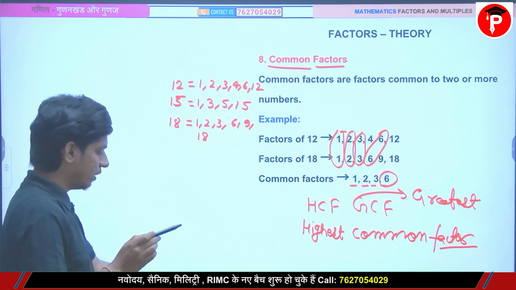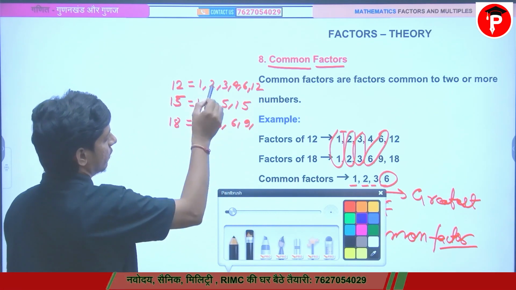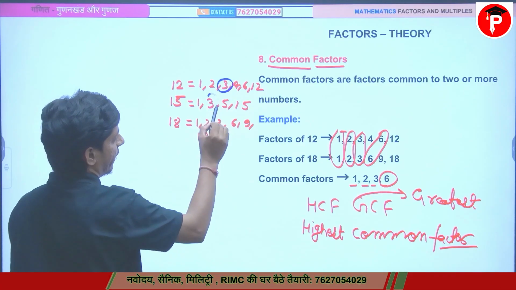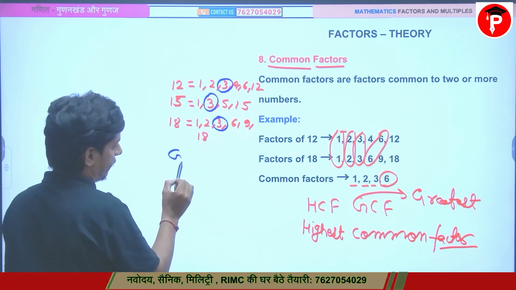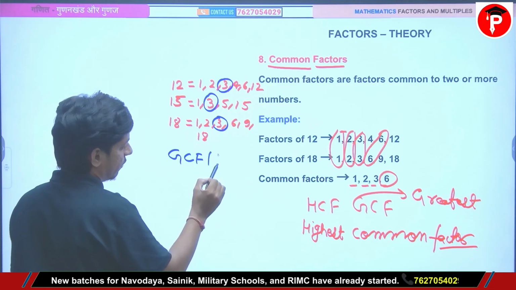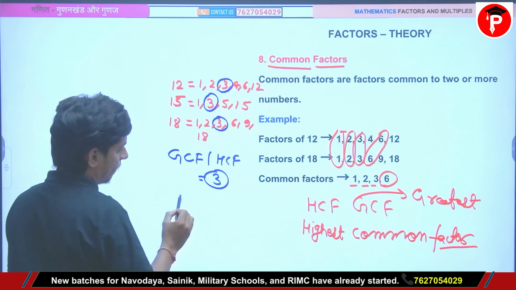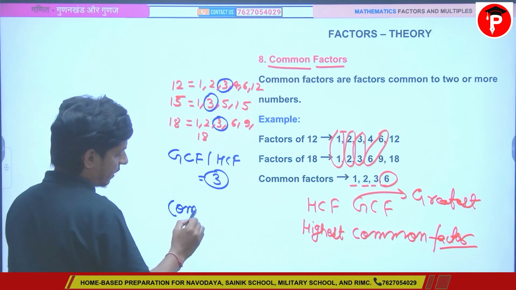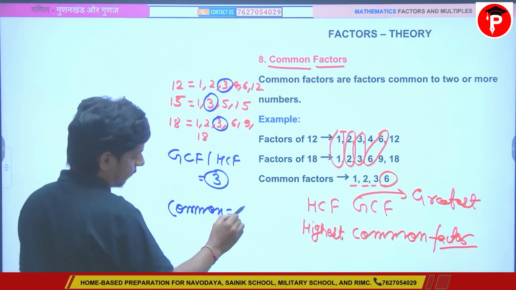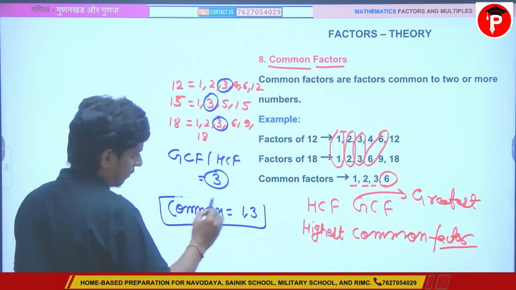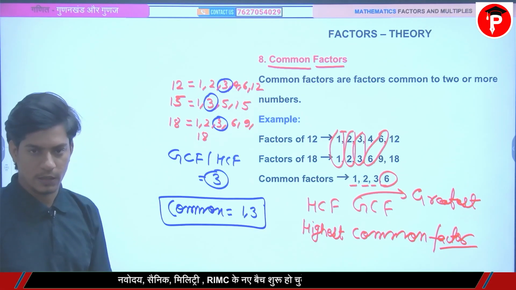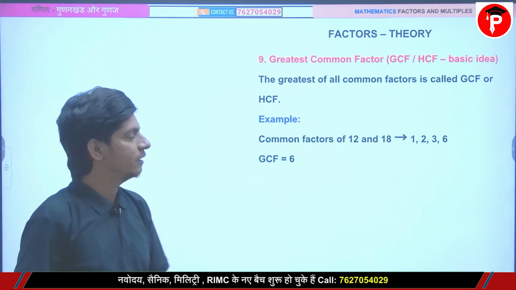So if you compare all three numbers, you will get 3 as the GCF or HCF. The common factors are 1 and 3. Got this? Now we are moving to the next slide.